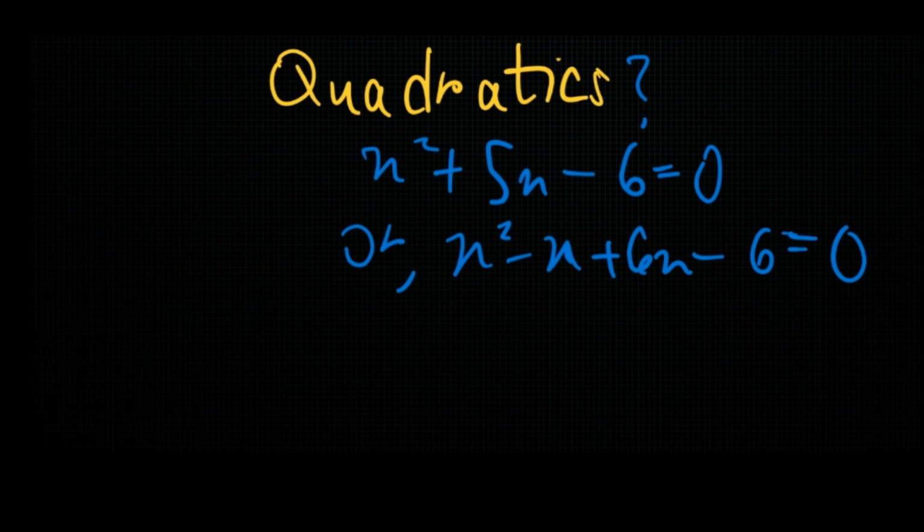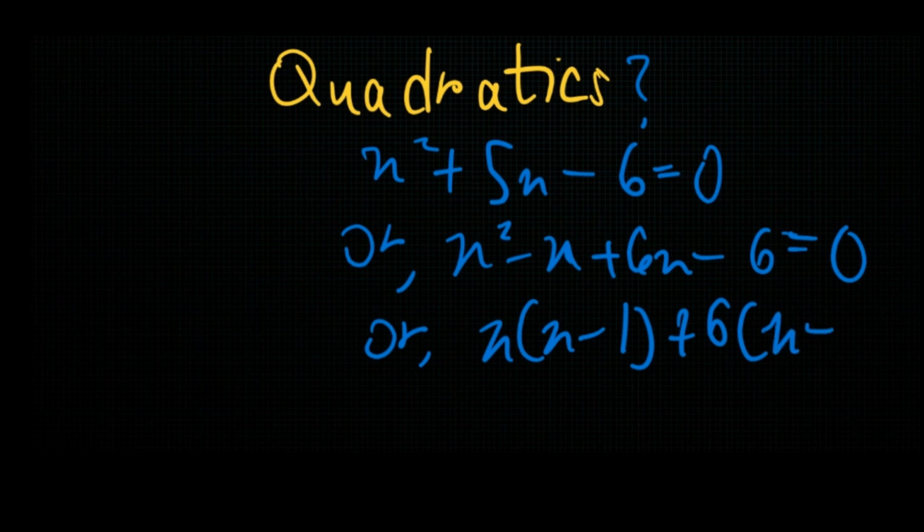See, once again, we can factorize it because they're in their respective groups now. Taking out the x, it will be x times x minus 1 plus 6 times x minus 1 equals 0.